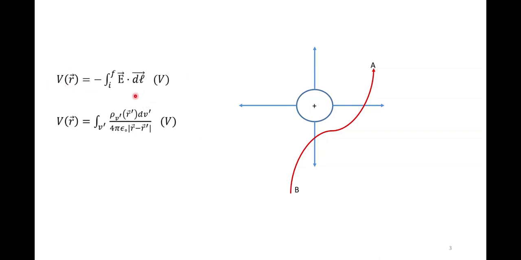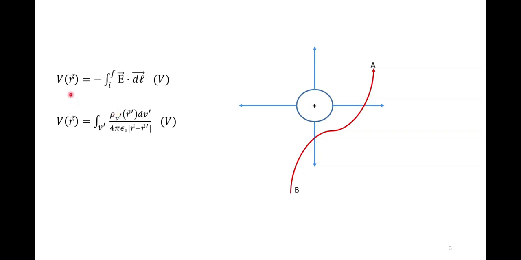Now if you look at these two relations, the E field and the volume charge density, whether it is volume charge density, surface charge density or line charge density, these quantities cannot be easily measured in the laboratory. We need an expression that we can easily utilize in the laboratory to give us electric field and charge density.